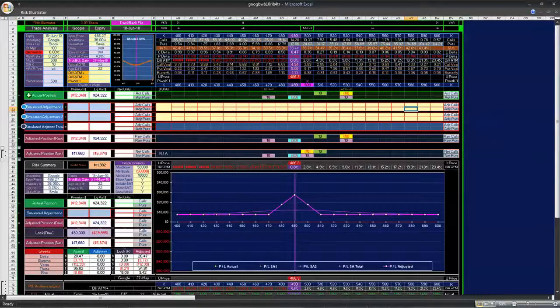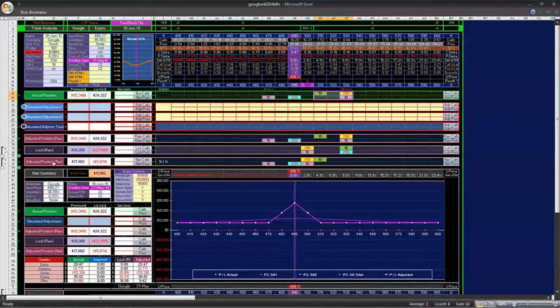It says I've got a butterfly. But the actual position, notice, is not a butterfly, but synthetically it is. It's got this 3-legged box in there, a 10 lot of a 3-legged box. Where is that box? There it is. You can hide certain rows with the way this is built, so there's a 10 lot box in there.